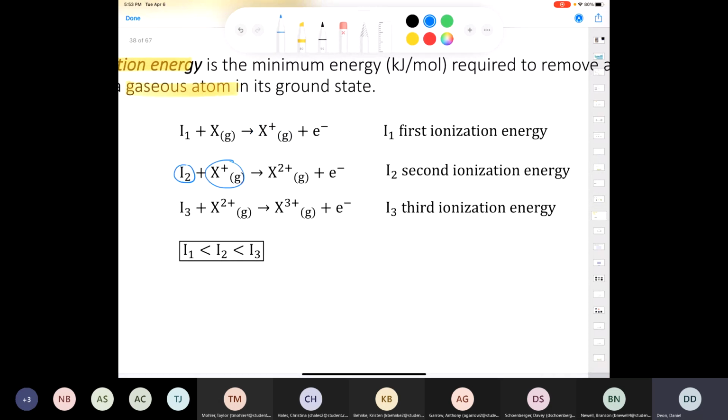So if I want to put in the energy to rip off another electron, it's going to take even more energy. Once I've got a doubly charged cation, it takes even more energy to rip off the next electron. So the whole idea is that each successive electron that you rip off of an atom in the gaseous phase takes more and more energy.